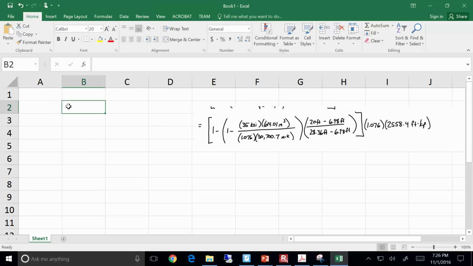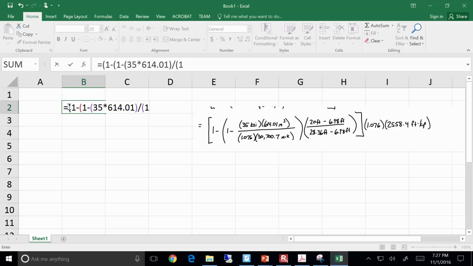So we have 1 minus a fraction that has 35 times 614.01 divided by a quantity 1.076 times 30700.7.